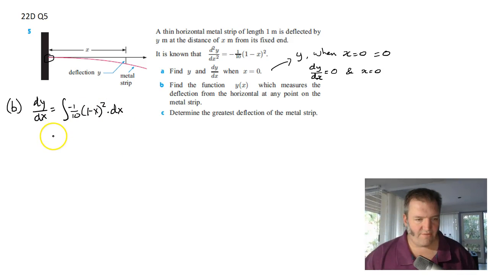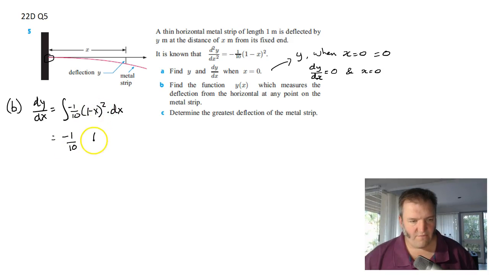Can put the constant out the front. Doesn't really matter in this case, so let's just put negative 1 on 10 there. This thing is a derivative. It must have come from 1 minus x to the power of 3. But if I went ahead and did the derivative of that, then we've multiplied by 3, so I've got to make up for multiplying by 3, which means dividing by 3.